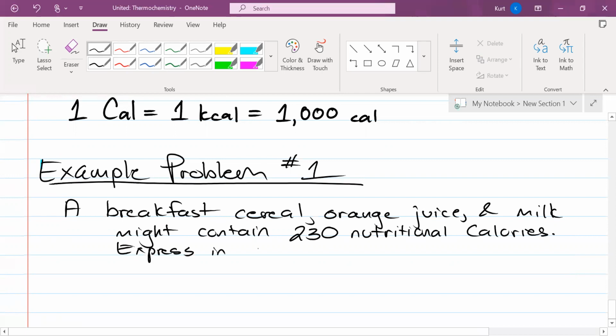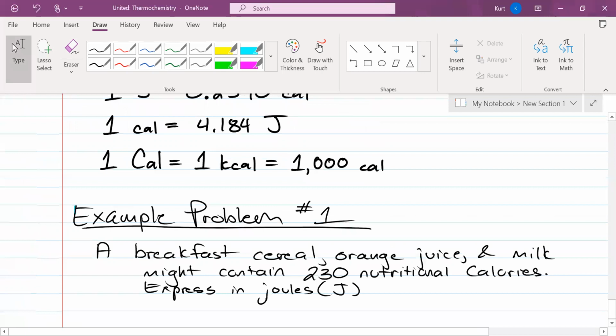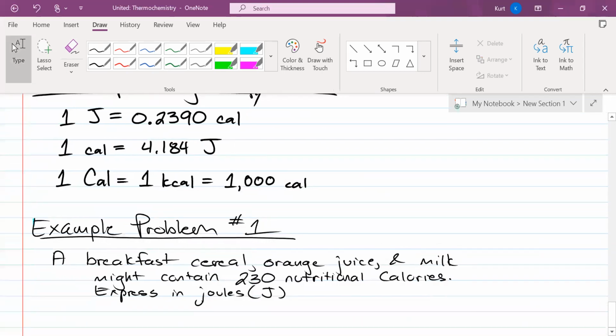Express this number in joules. You guys have your conversions out there at your disposal. Go ahead and work it out.